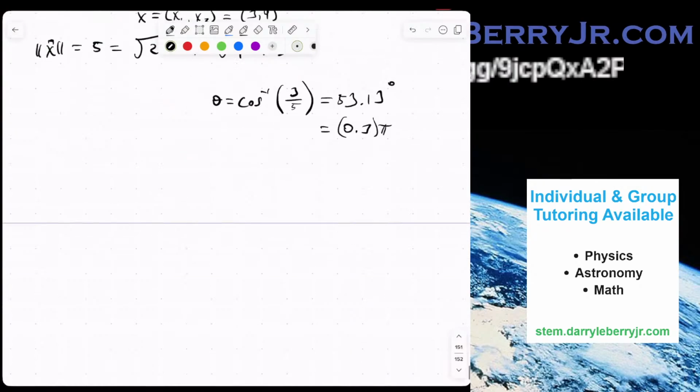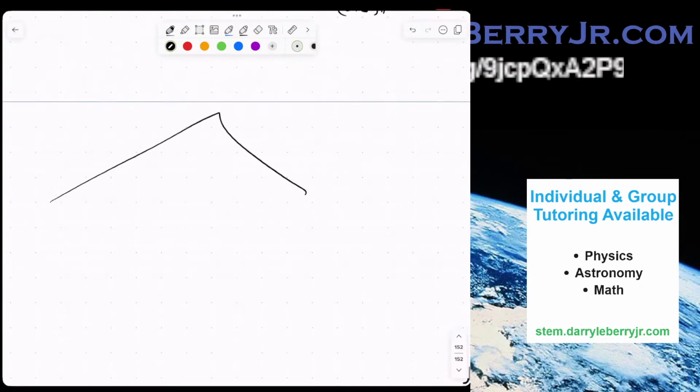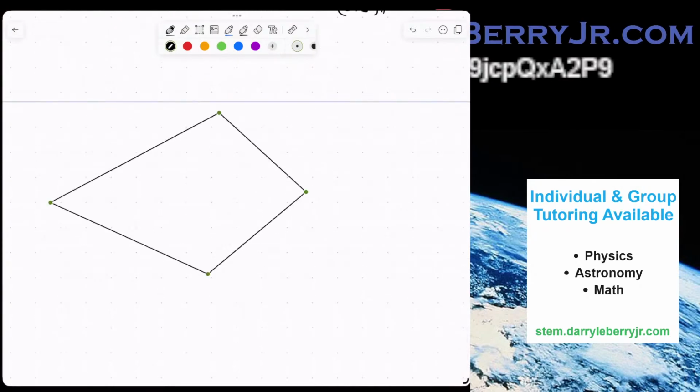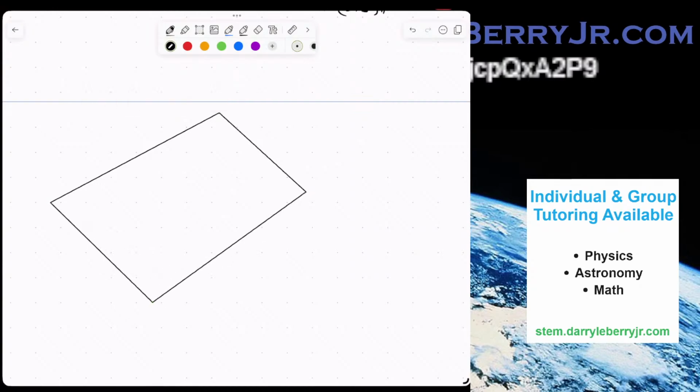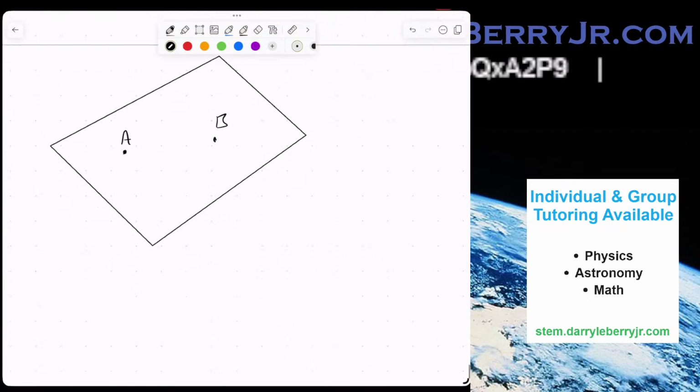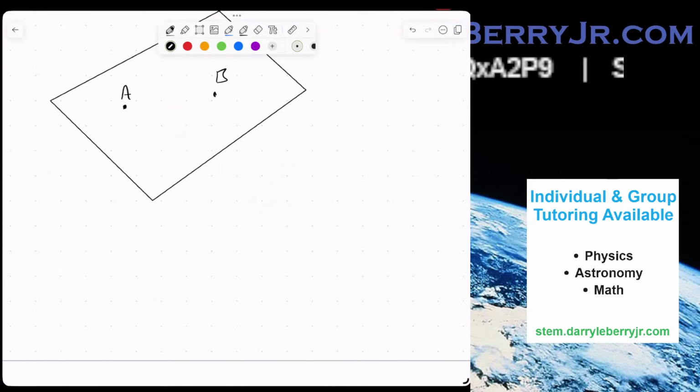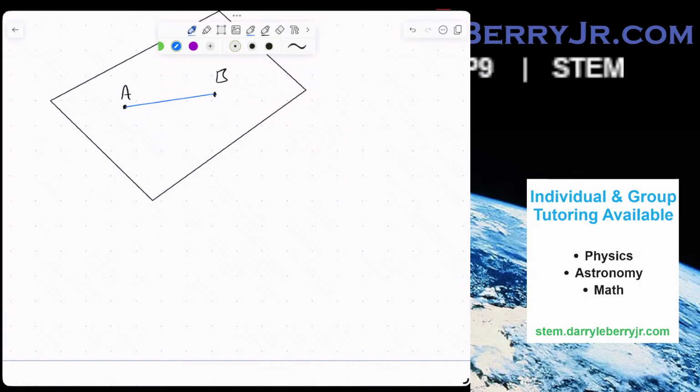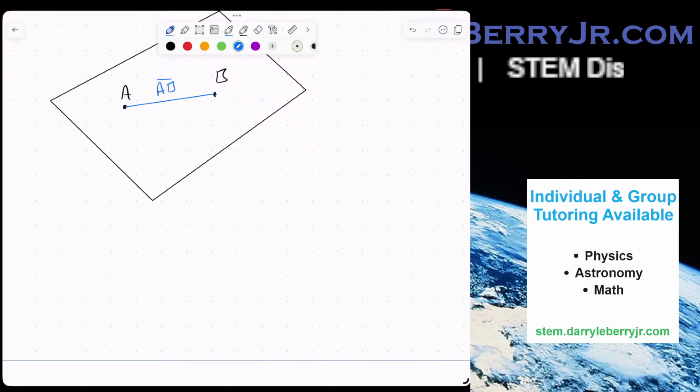What it's saying is that we have a plane and we have A and B. The directed line segment between these two, you can write as AB with a line over the top. And actually it is an arrow.